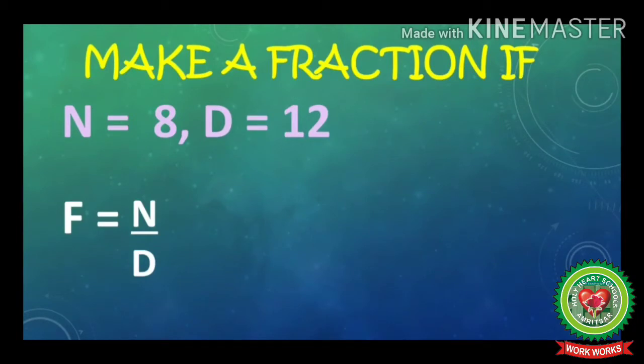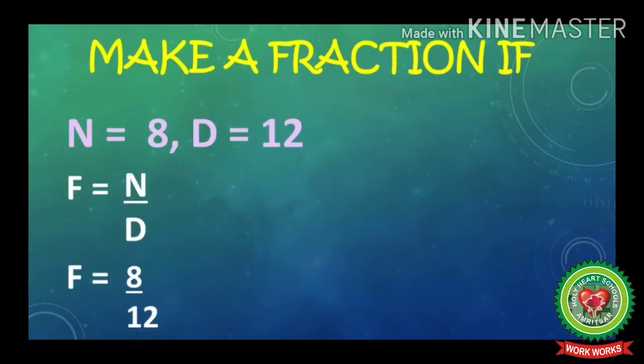After writing this formula, we will add the values. So again we write fraction is equal to, what was numerator in the sum? 8. So we will write 8 above the line, and what was denominator in the sum? 12. So we will write 12 below the line. Now the fraction is equal to 8 upon 12.